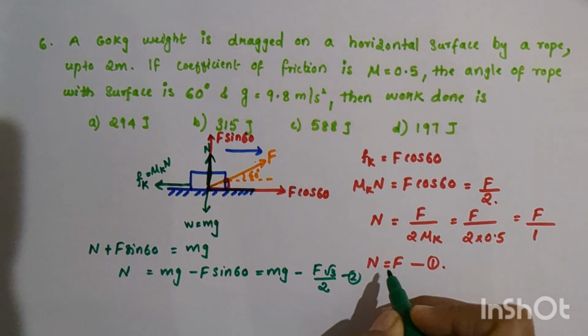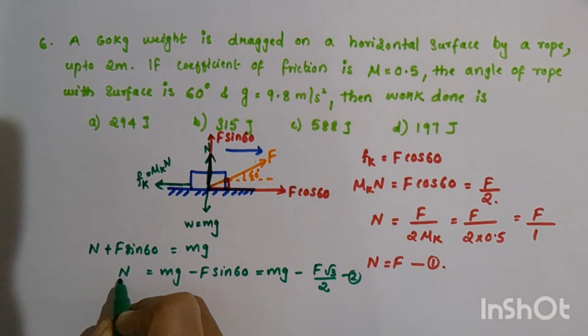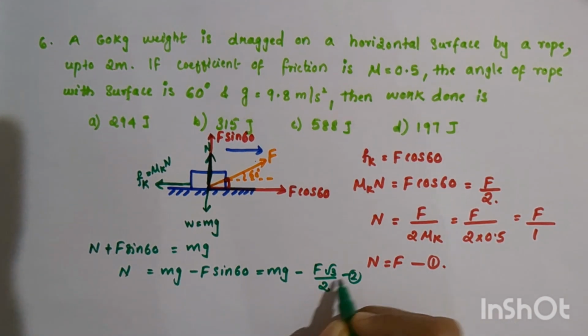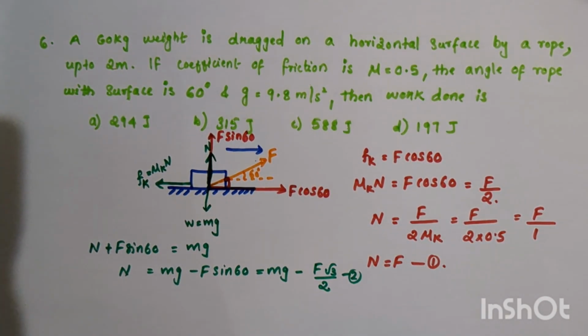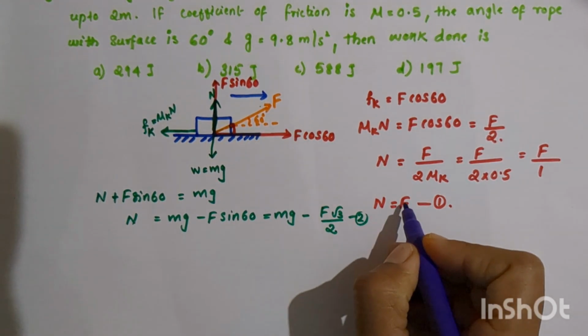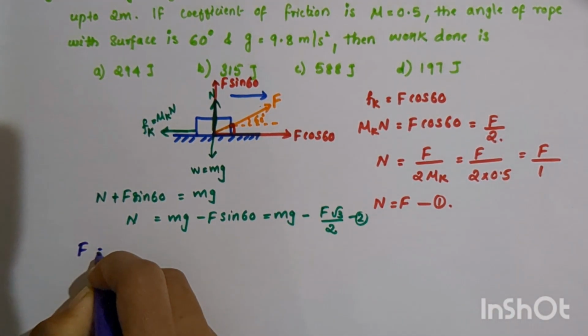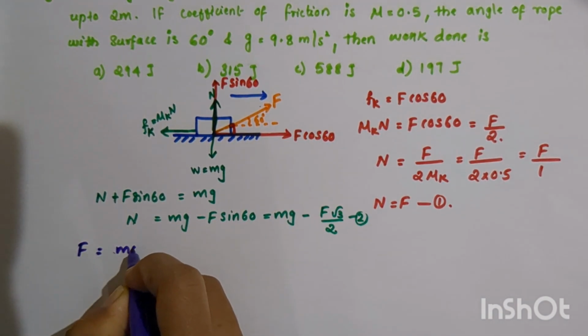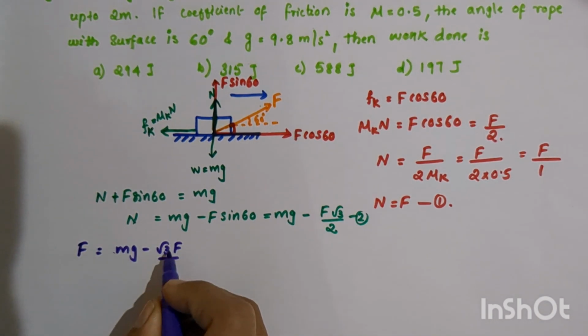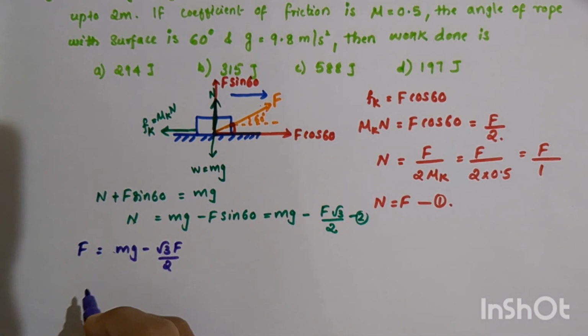So from equation number 1 we have N equals F. From equation number 2 we have N equals mg minus F into root 3 by 2. We can equate these two equations. When we equate equation number 1 and 2, we can write F equals mg minus root 3 F by 2. If we take this minus root 3 F by 2 to this side, this becomes plus.